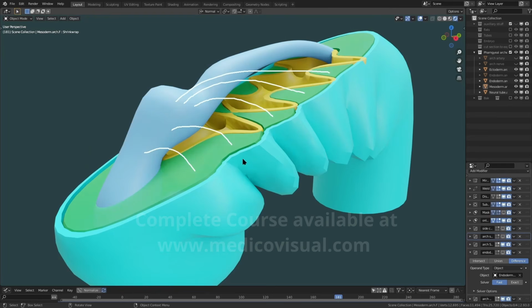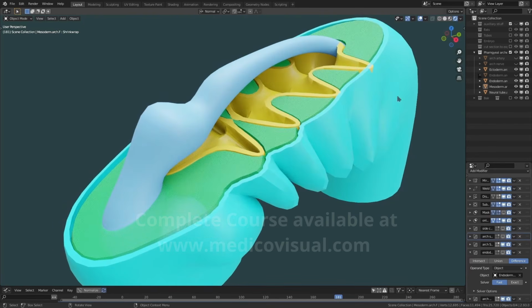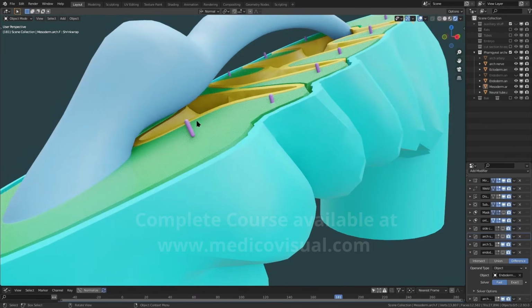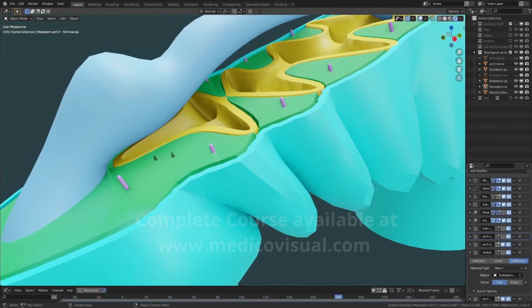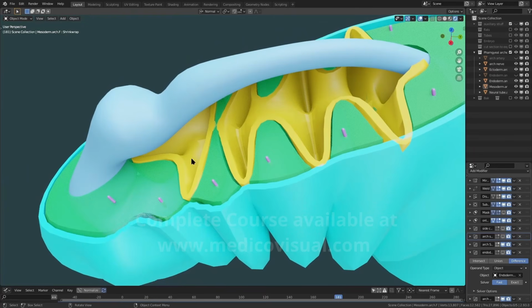So the first arch is supplied by the fifth cranial nerve, maxillary and mandibular division. The second arch is supplied by the facial nerve. Don't worry about these cranial nerves. We will discuss that in later lectures. But what I want to highlight here is that each pharyngeal arch consists of its own cranial nerve or cranial nerve division. So each arch has its own nerve.